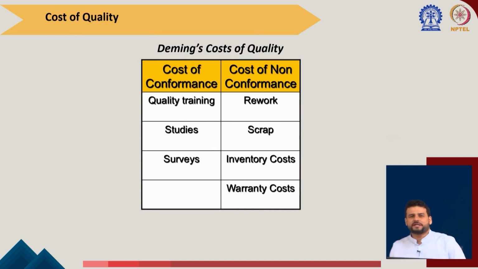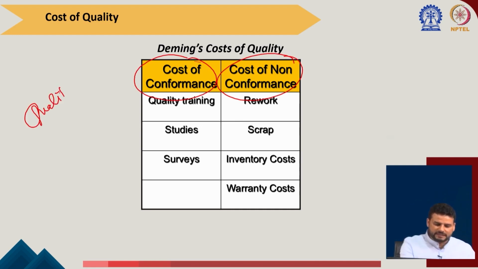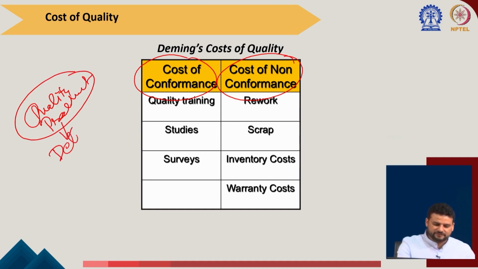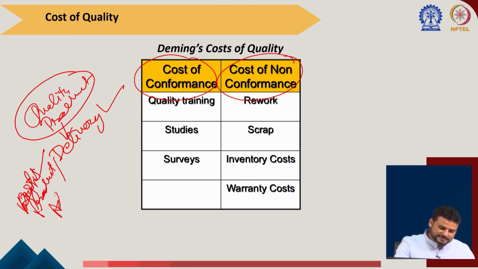Now when we are ensuring quality, there are two types of cost, right. One is the cost of conformance and the other is the cost of non-conformance. Let us say you are saying that your product is a quality product, or, specific to logistics, that your delivery is always on time and you always get the right product, or the address is always right, right.